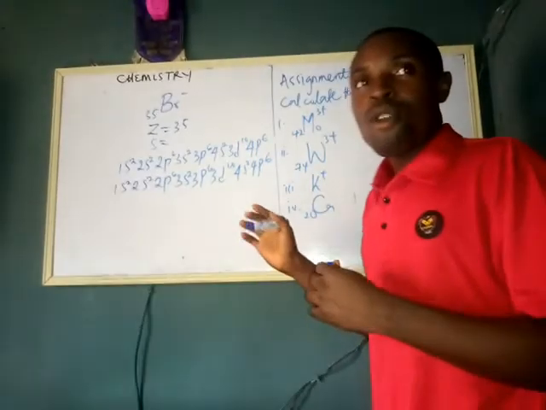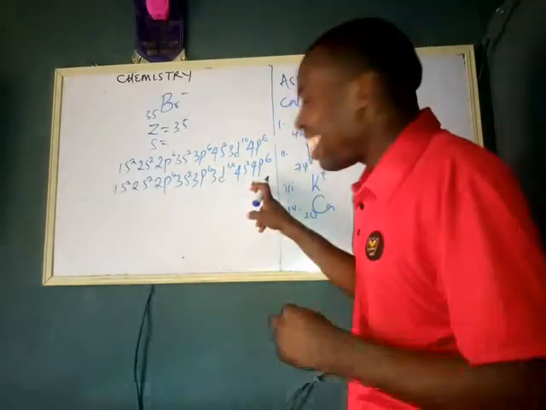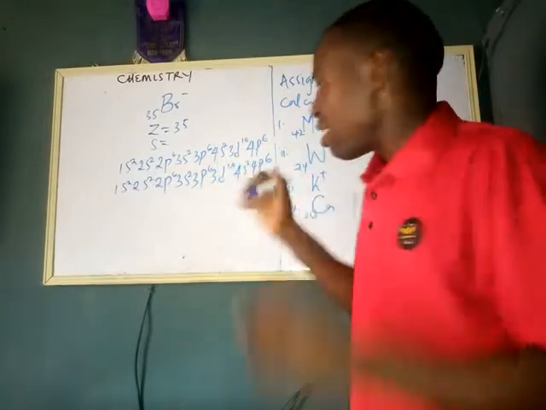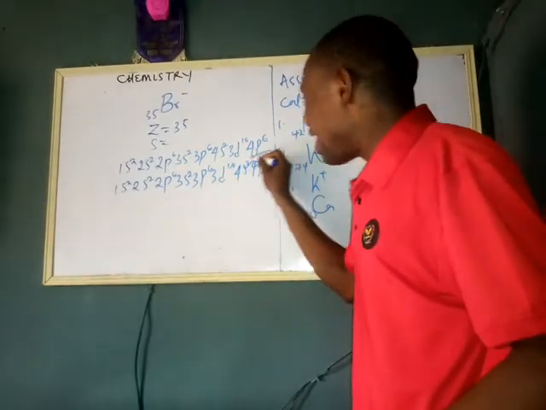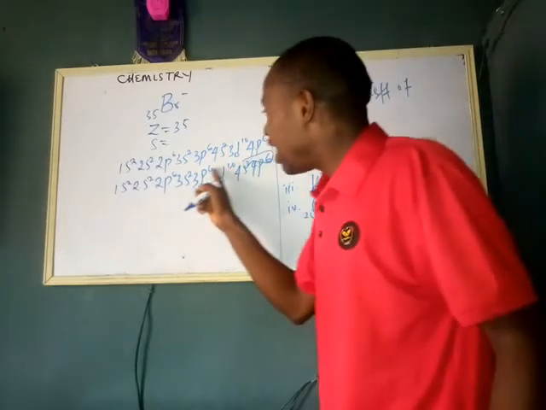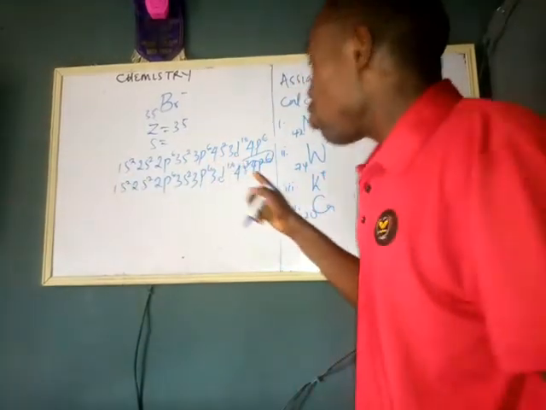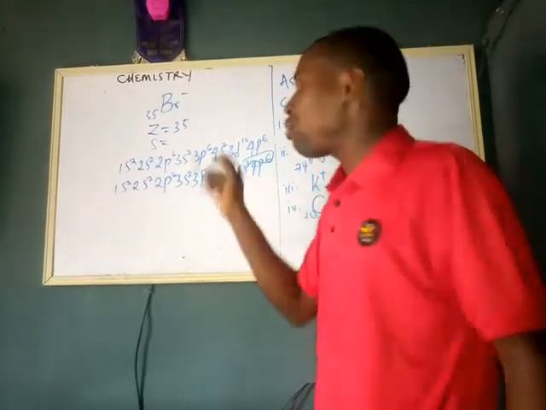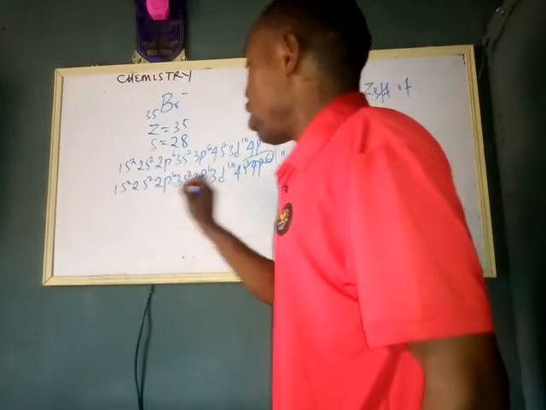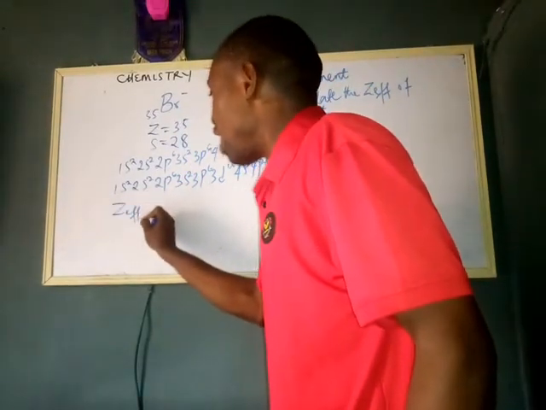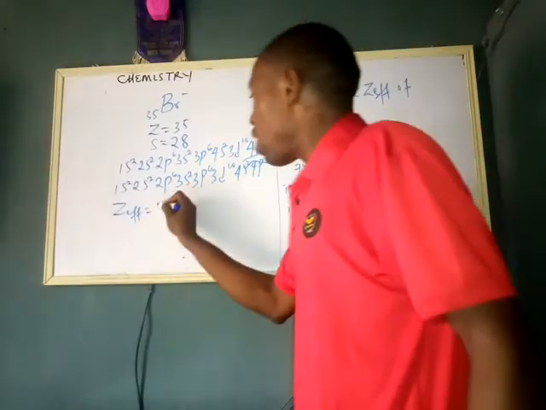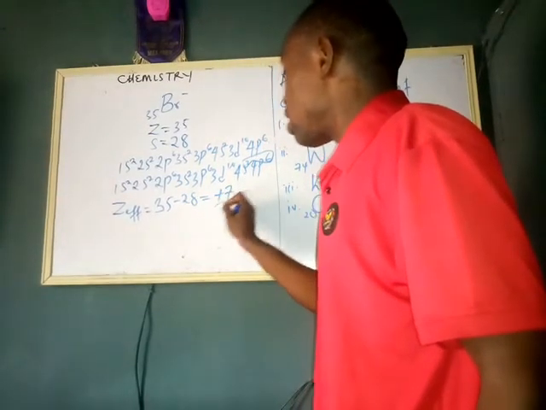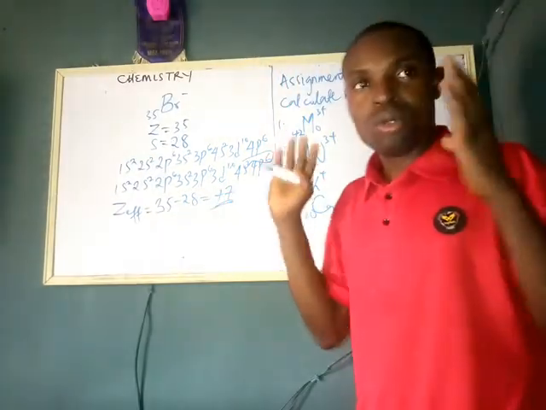So from here we understand that this is the state of an inert gas, whereby these two are the valence electrons, while the other electrons here are the core electrons. So when you count it, 10 plus 6 plus 2 plus 6 plus 2 plus 2, we have a total number of 28 core electrons. Thereby, the effective nuclear charge is equal to 35 minus 28, which is plus 7. That's the final answer.